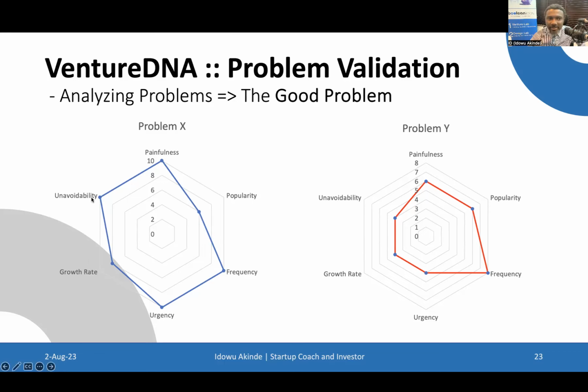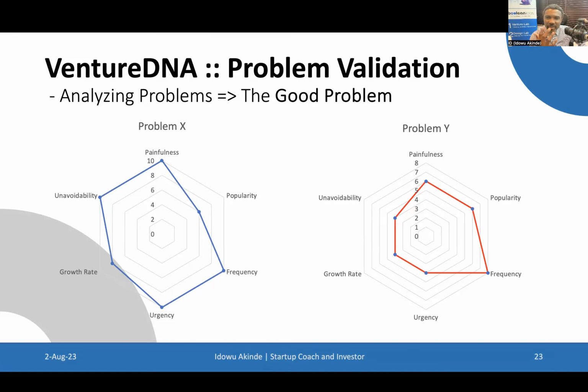And then unavoidability. Unavoidability talks about whether people can ignore the problem, or whether people can use an alternative other than your solution to solve it.